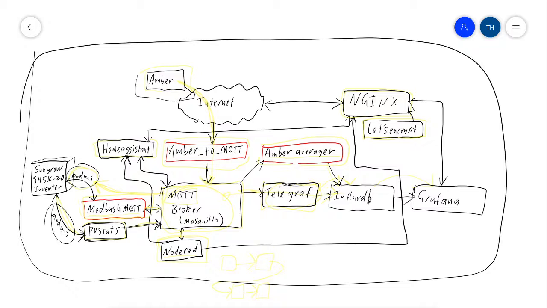Amber are working on a smart node or some sort of thing. I'm sure it's got smart and electricity in it, like Electrobrain or something. It is designed to sit here, talk to there, and talk to there through to them, and then control your inverter based on the grid or something.